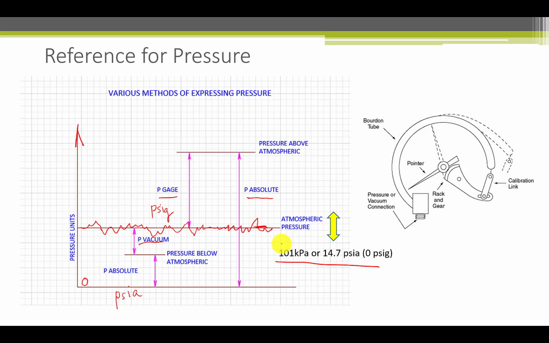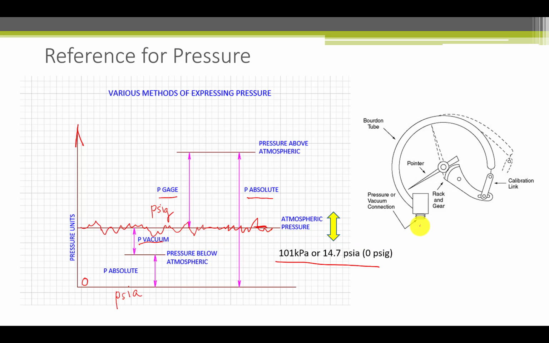Now, an important point is that gauge pressure is very common because most of the industrial instrumentation uses differential pressure as the method of recording pressure. Differential means difference of pressures, and the baseline is this atmospheric pressure here.